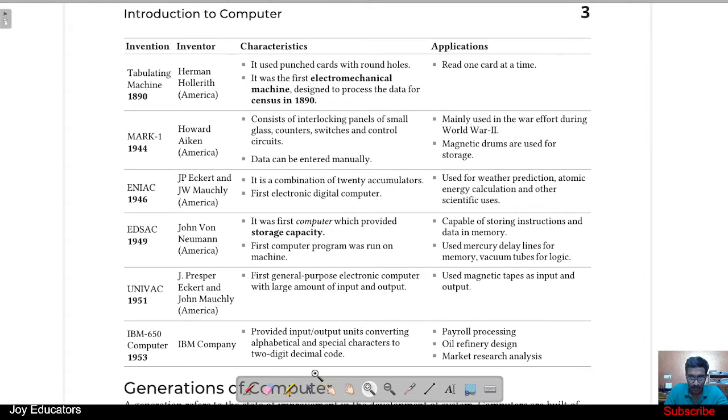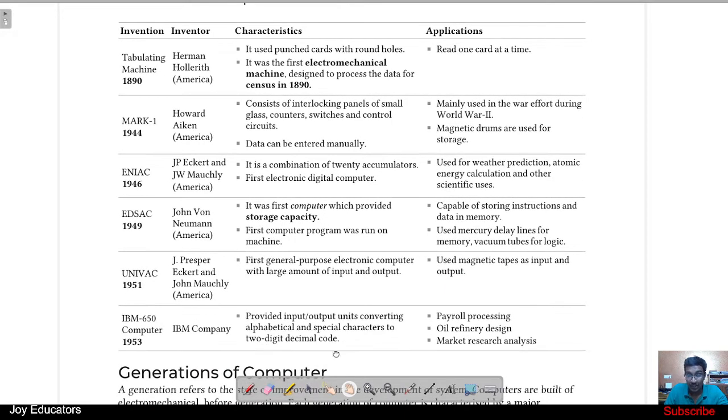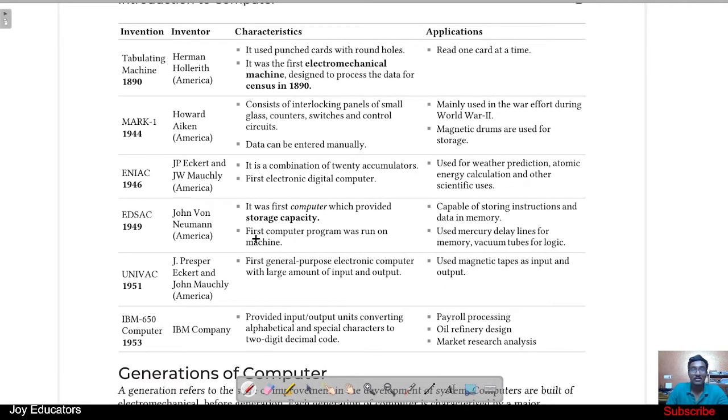So that is about invention, inventor, calculation. And then there goes the electromechanical machine, which helps to read one card at a time. Then there also started some sort of interlocking panels, and data can be manually entered. It happened in 1944, called Mark 1.